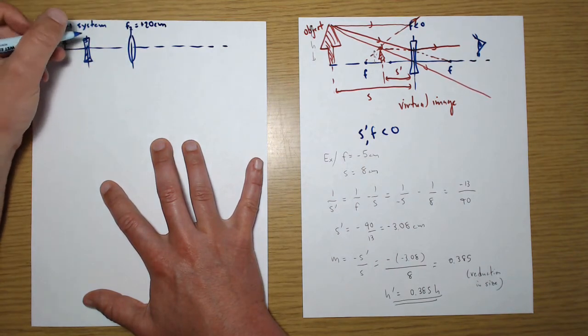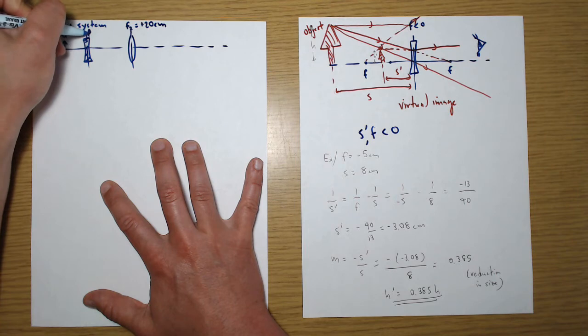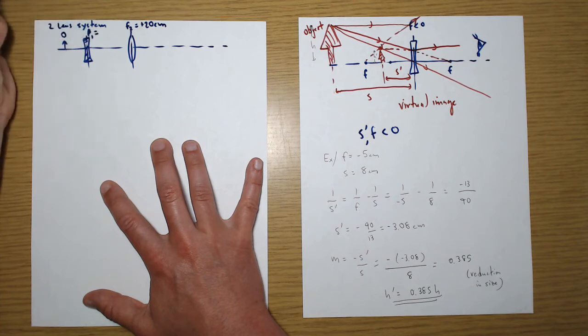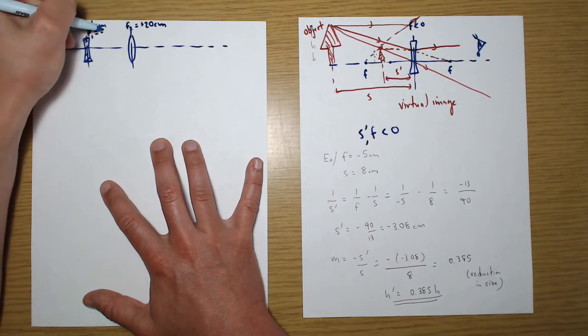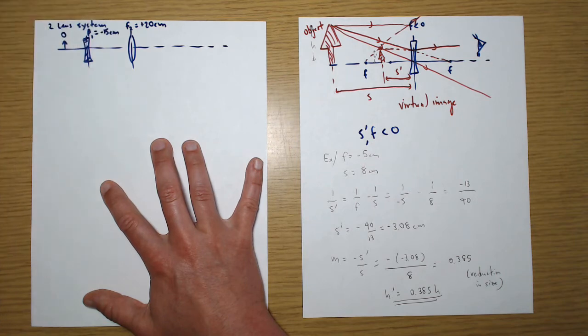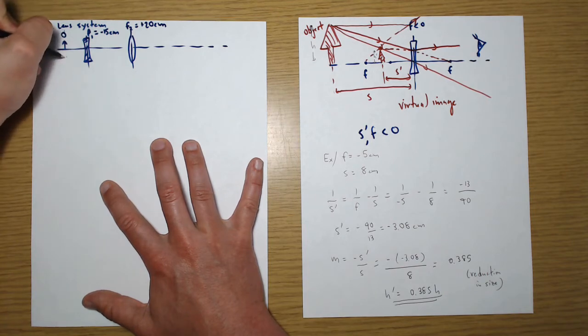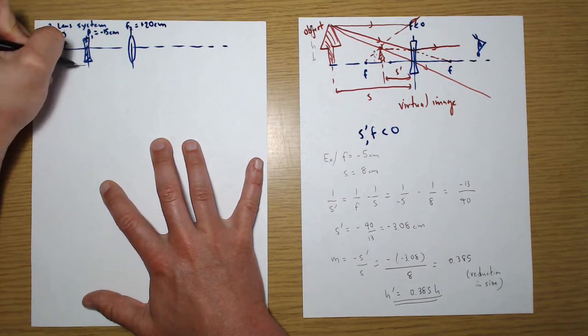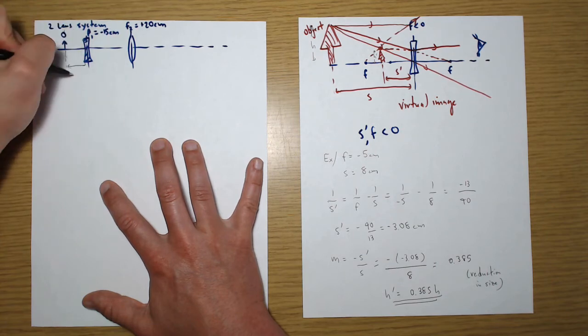And this one over here, F1, has a focal length of negative 15 centimeters. And let's say that the object has a distance of 10 centimeters from the first lens.